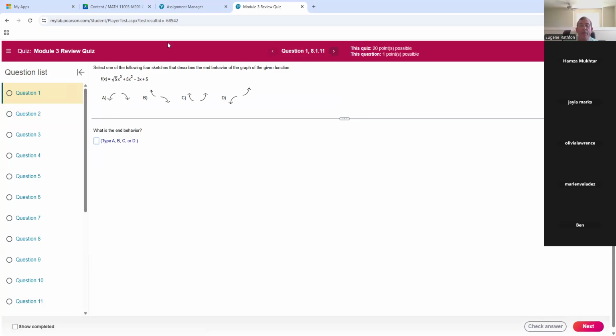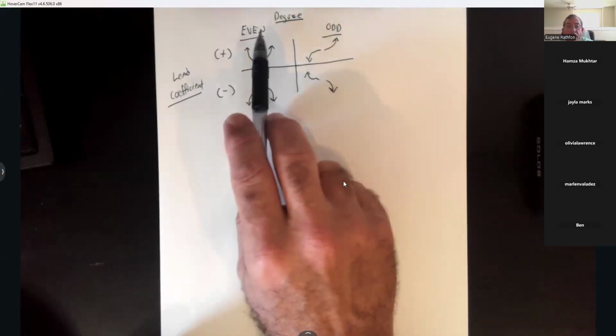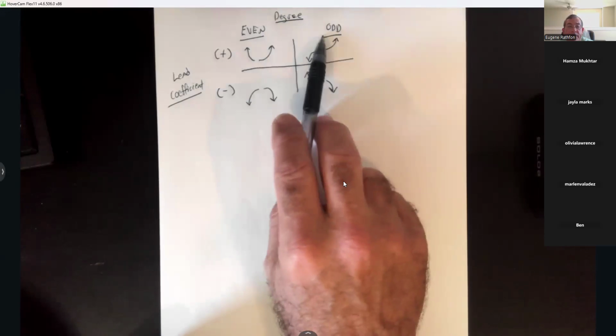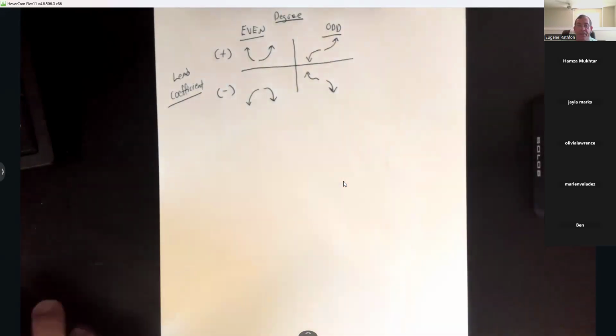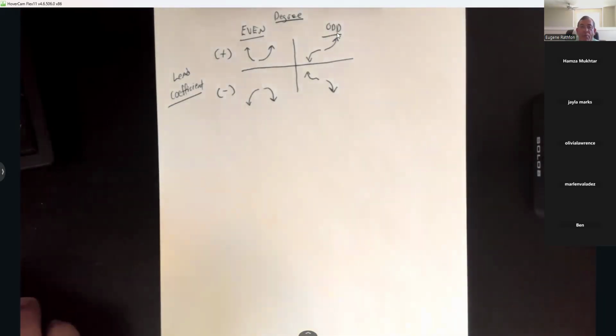So, y'all, for this question, I'm going to go by this little chart we made. You look at the degree, even and odd, and then the lead coefficients. Okay, so that's the chart I'm using on that problem.